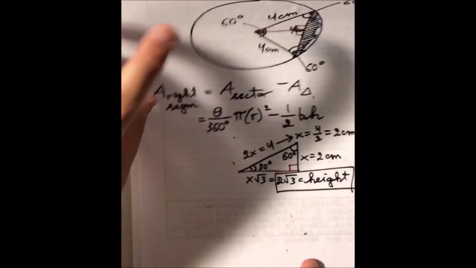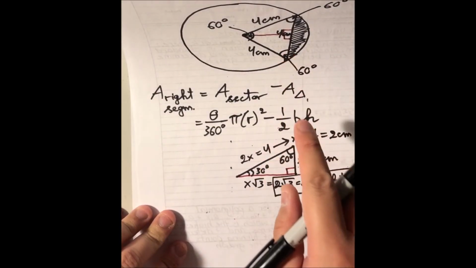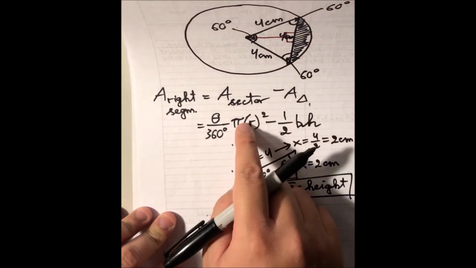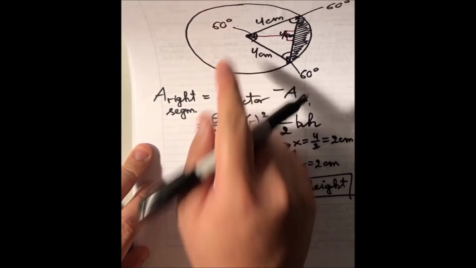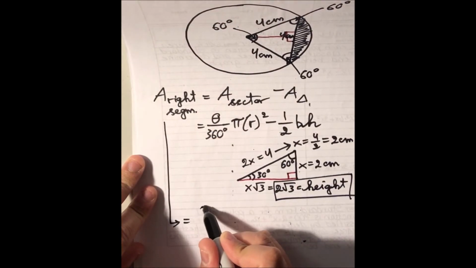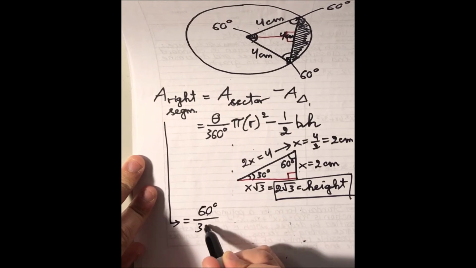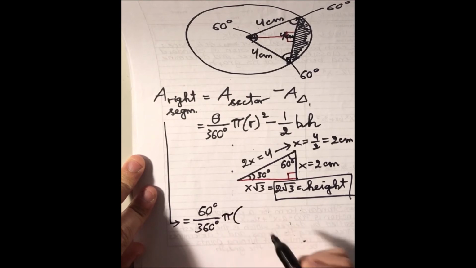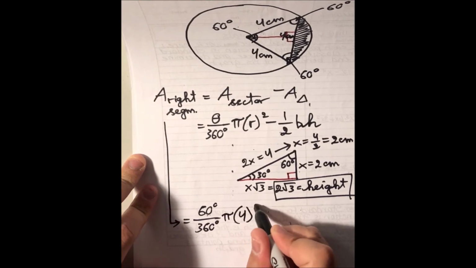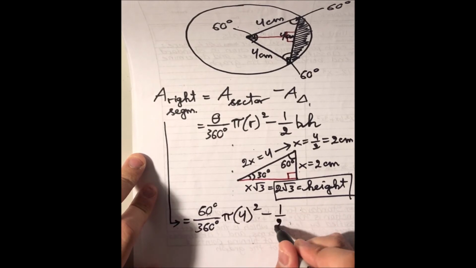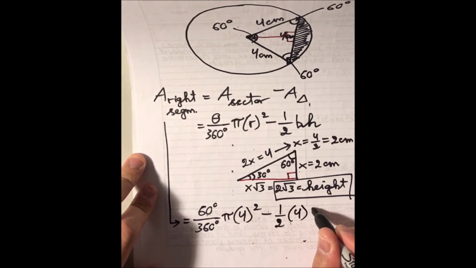So with the radius being 4 centimeters and the base being 4 centimeters of the entire triangle, and the height being 2 times square root of 3, just plug everything in. And the central angle being 60 degrees, of course. This is going to be equal to 60 degrees divided by 360 degrees times pi times radius 4 square, minus 1/2 times the base 4 centimeters times the height 2 square root of 3.